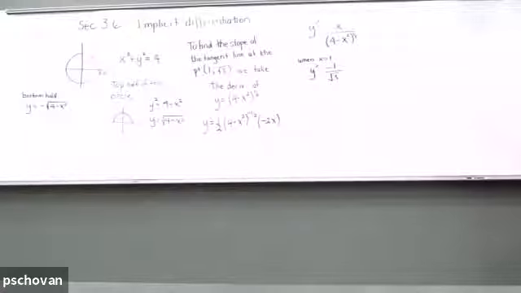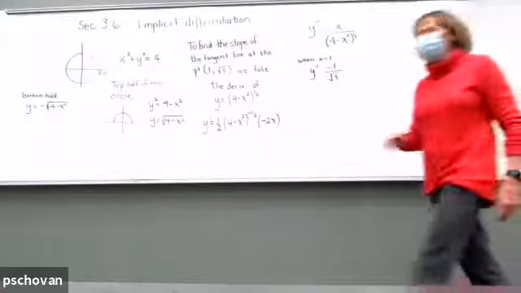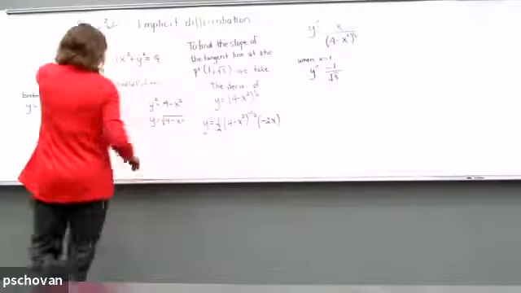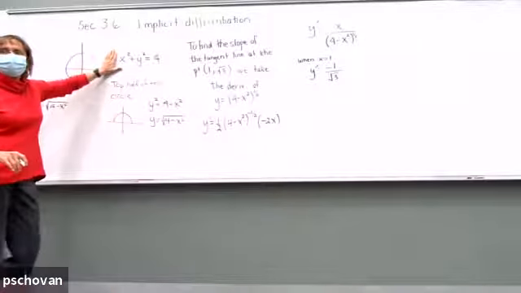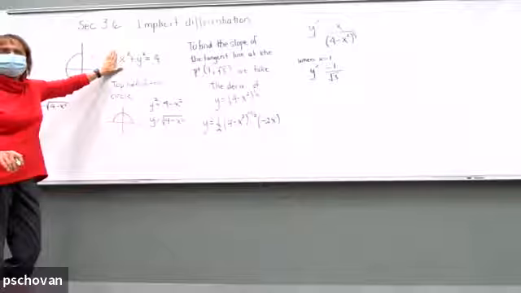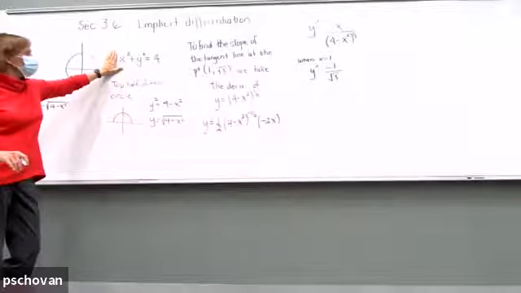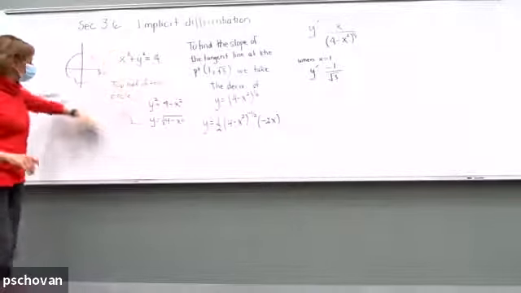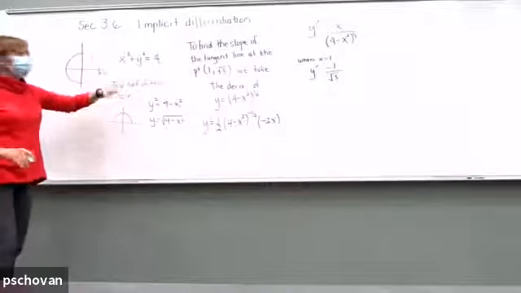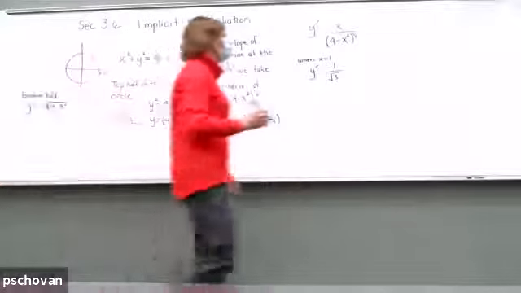Implicit differentiation gives us an alternative to having to solve the equation for the dependent variable in terms of the independent variable. So here's another way we can do it. We can just ignore this step here, keep our equation.